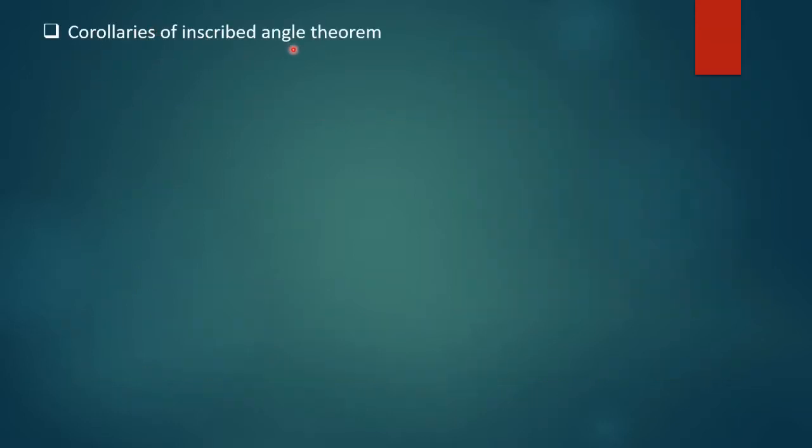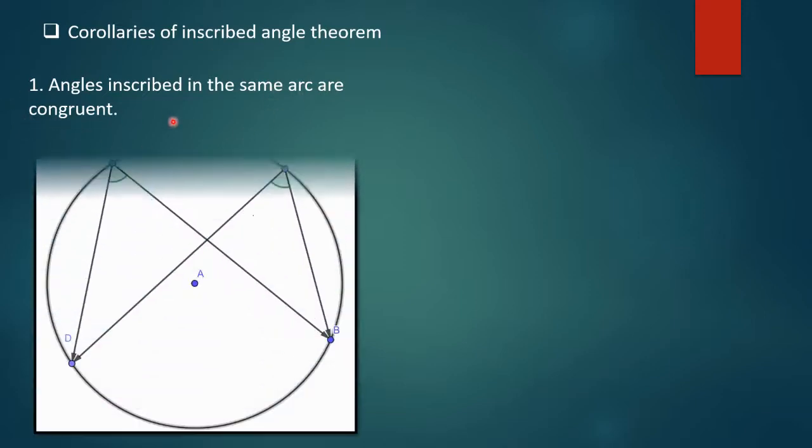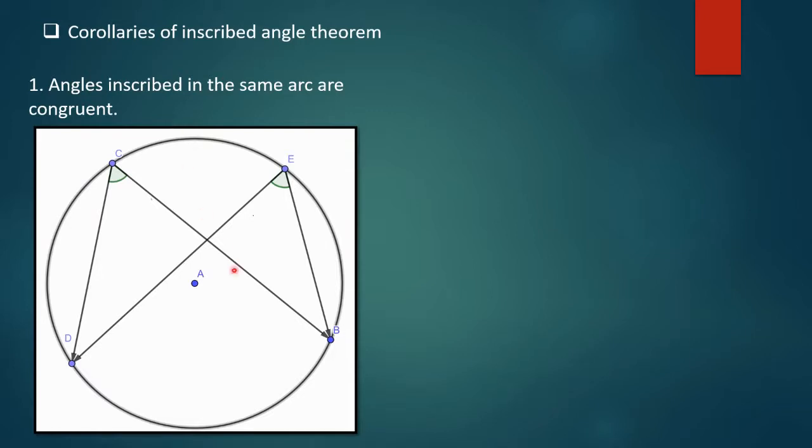Corollaries of the inscribed angle theorem. The first corollary is angles inscribed in the same arc are congruent. Let us understand the statement with the following diagram. Here in the diagram, a circle with center C has two angles inscribed in the same arc, angle DCB and angle DEB.